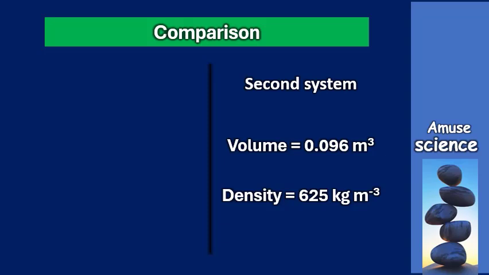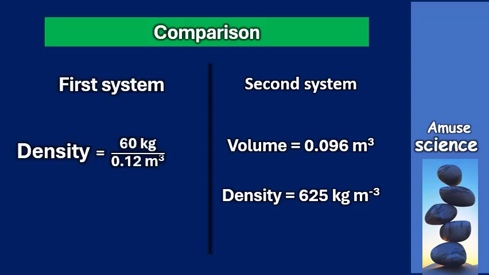If we calculate the density of the first system, we are going to get 60 kg divided by 0.12 cubic meters, and that is going to give us 500 kilograms per cubic meter. The difference is clear, and the concept too is very, very clear.